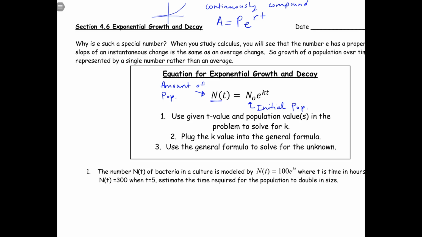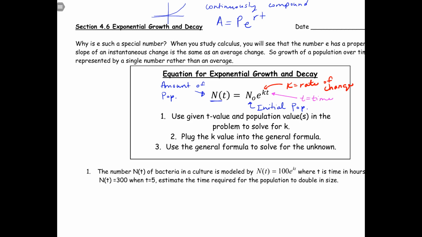E is the number that comes about as a population increases to infinity. K, this is kind of weird, and in some books it's called R. K is the rate of change. So how quickly is the population increasing or decreasing? And then what do you guys think T is? Yep, T is the time.